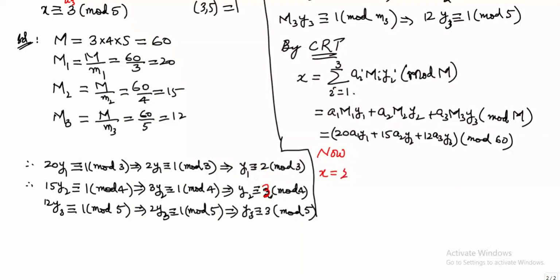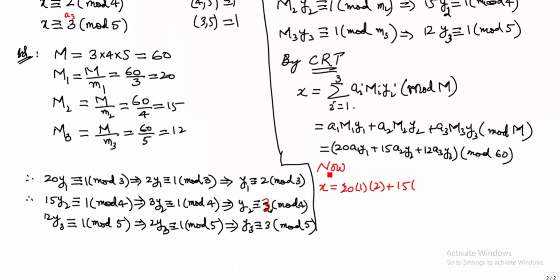So 20 times 1 times 2 plus 15 times a2, which is 2 here, 2 times y2, which is 3, then plus 12 times y3. a3 is 3 times y3. Okay, and then modulo 60.